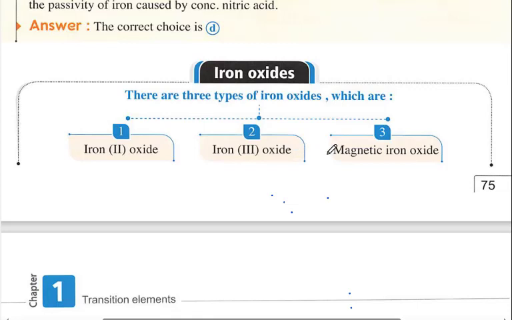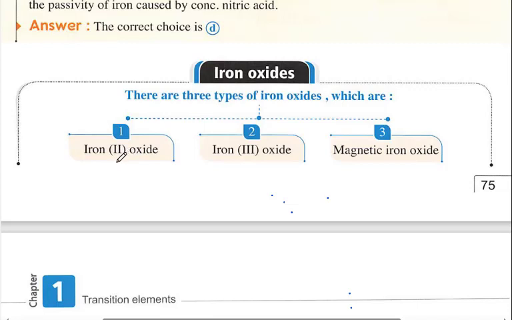If we use carbon monoxide or hydrogen as a reducing agent, if the temperature is from 230 to 300, the reduction of iron 3 oxide produces magnetic iron oxide. If the temperature is from 400 to 700, magnetic iron oxide or ferric oxide, both of them are reduced into ferrous oxide.